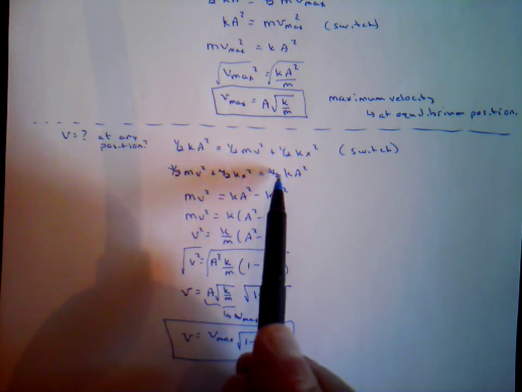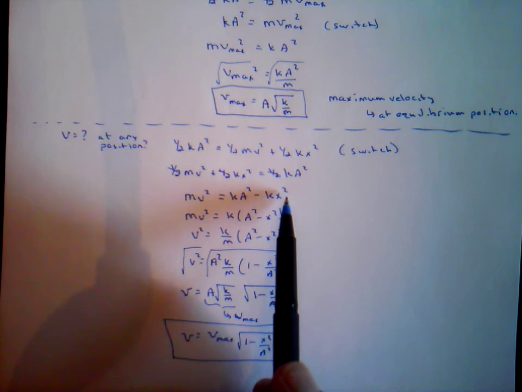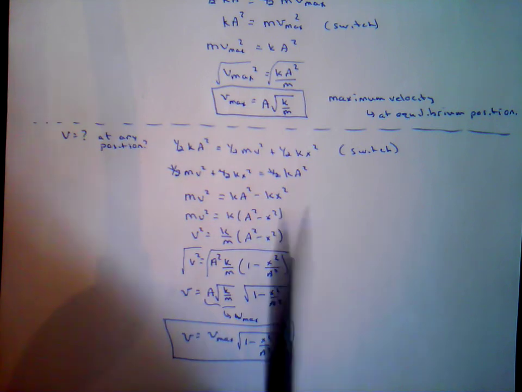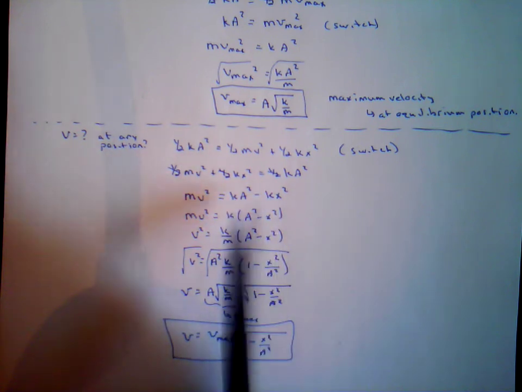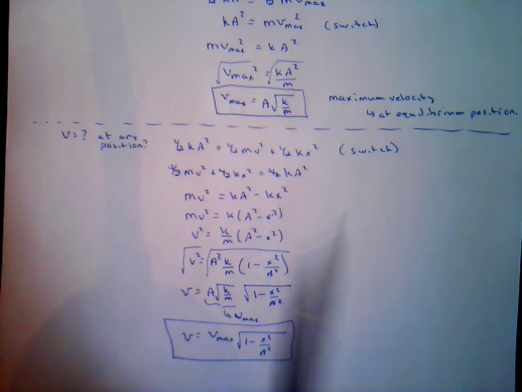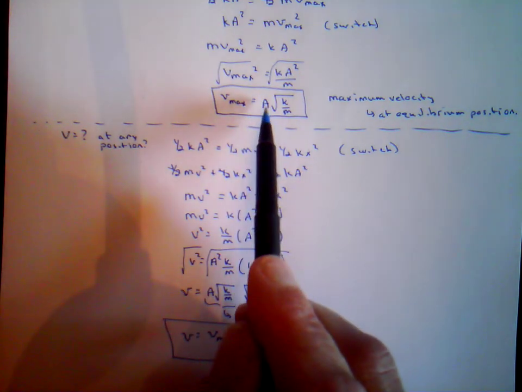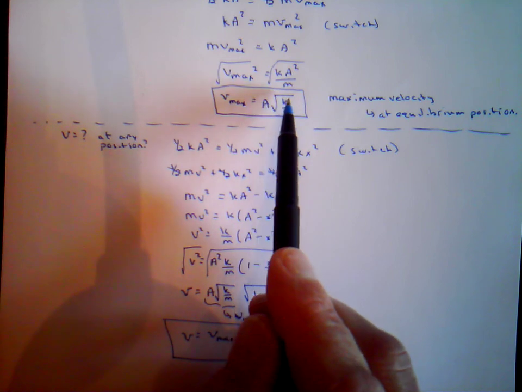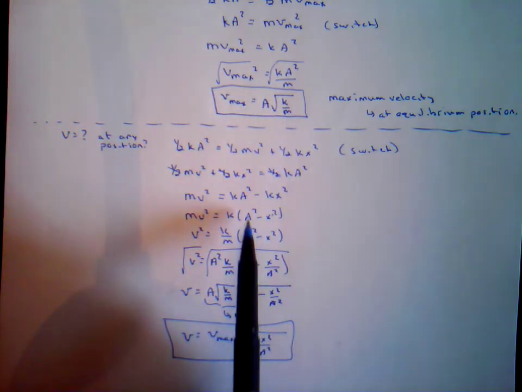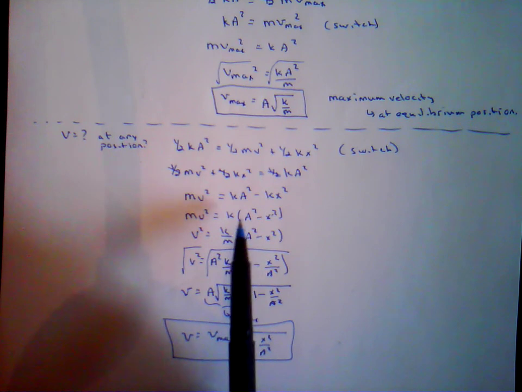Notice the 1/2 all cancel out. This becomes m v squared equals kA squared minus kx squared. I then factor out the k: m v squared equals k times A squared minus x squared. And notice this maximum velocity here has the variables amplitude, the constant, and the mass in it. Well, here we have amplitude, mass, and k in this equation, so I'm going to put all those together.